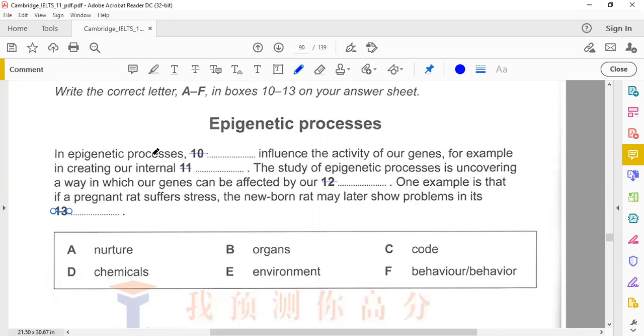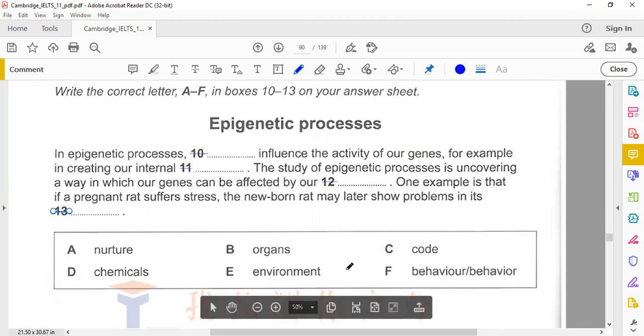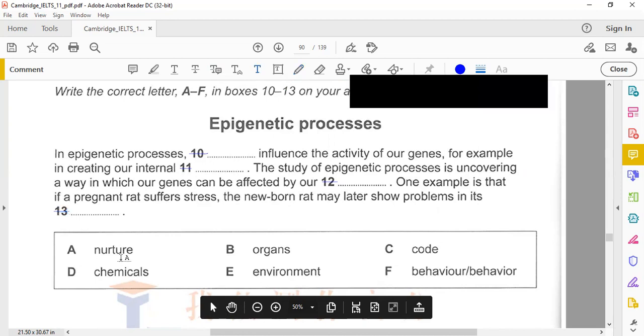In epigenetic process, chemicals. So option D is chemicals, and here I write 10 against it.